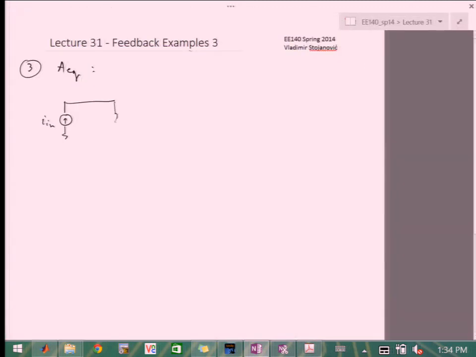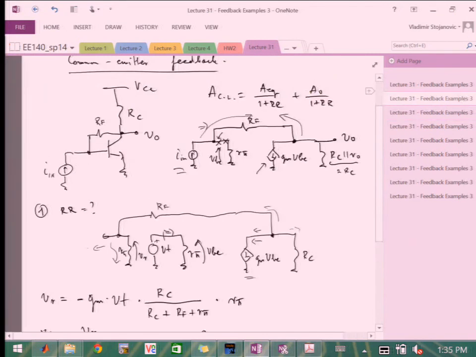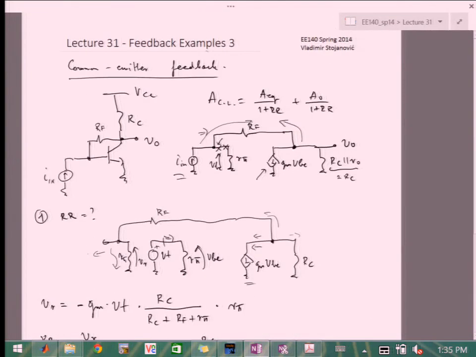So we're going to have our normal R pi, but then we're going to have RF in addition, because here, this is the output that was grounded. And then this is our VBE. And then we have GM VBE, we have RC. And now we have to figure out what is the loading that's presented by the feedback. And if we go back, now we have to see what happens when there's no input signal.